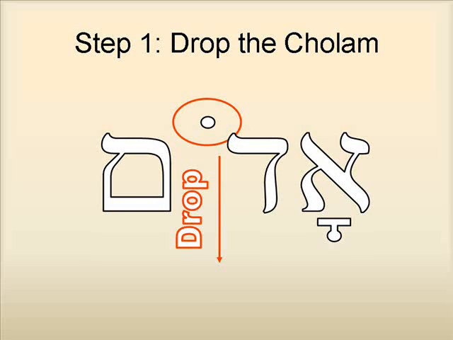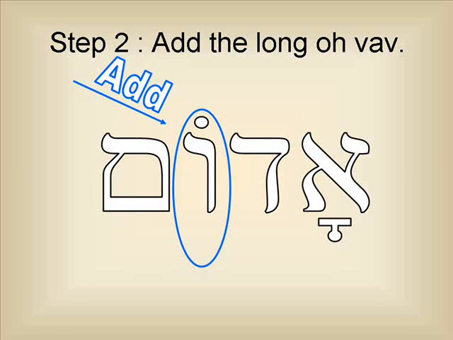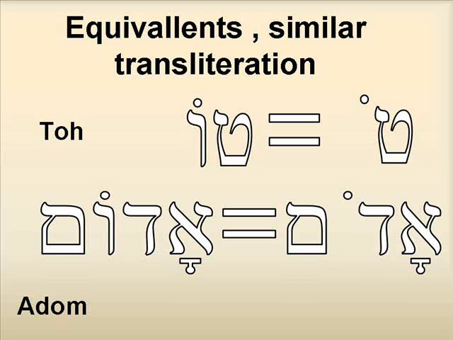Step 1, you drop the short O vowel, which is the cholam. Step 2, add the long O vav. We get adom, same word. Equivalence, similar transliteration. To equals to. Adom without the vav equals adom with the vav.